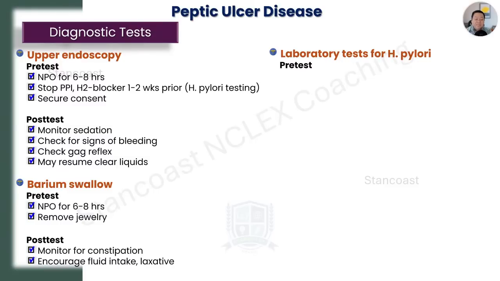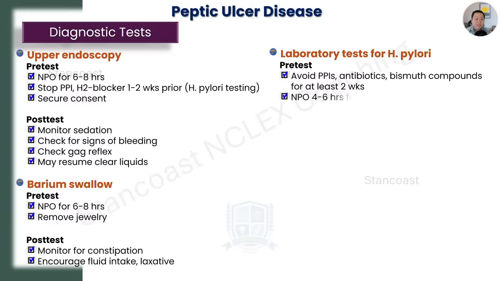Now, as far as the pre-test preparation here, make sure that you're going to advise the patient to avoid taking the PPIs, antibiotics, bismuth compounds for at least 2 weeks before the testing to prevent false negative results. They need to be taught to refrain from taking any food or fluids for at least 4 to 6 hours before the urea breath test.